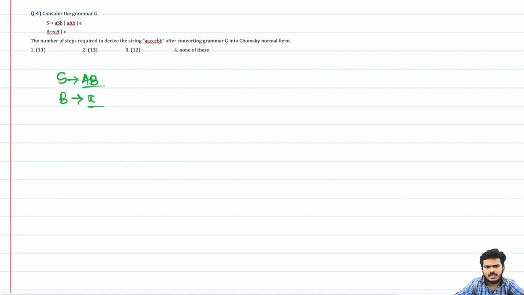And we know that the derivation tree of strings is always a binary tree.